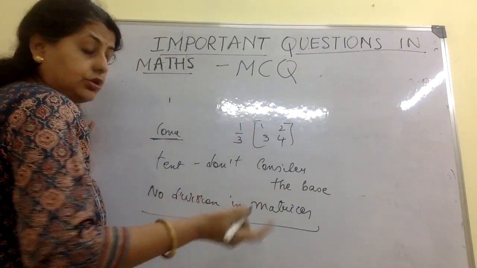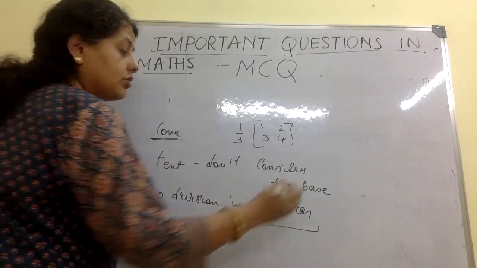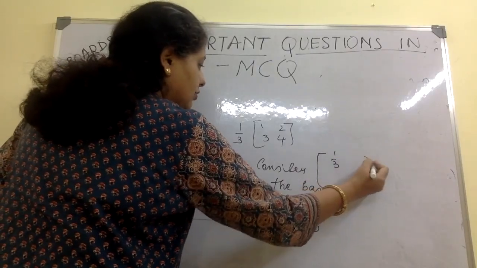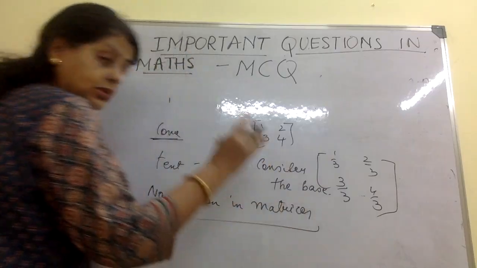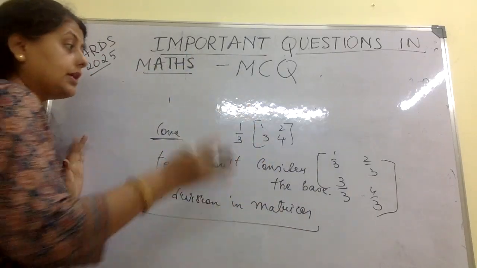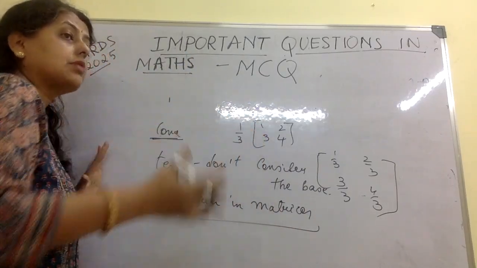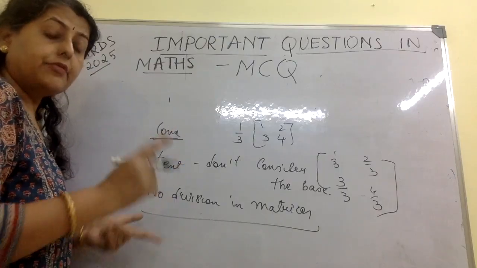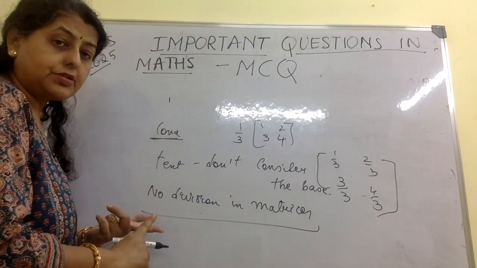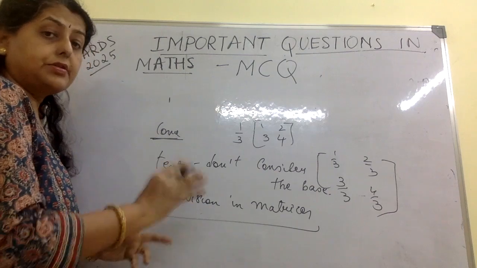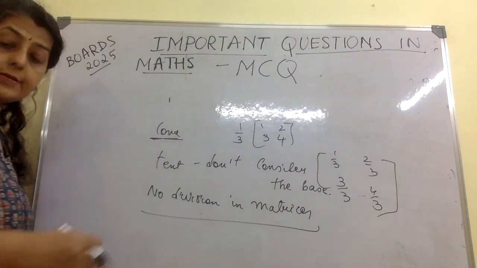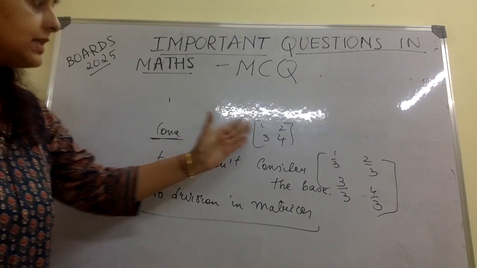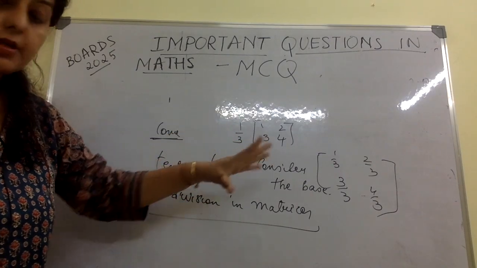You can call this multiplication or division. It becomes 1 by 3, 2 by 3, 3 by 3 and 4 by 3. But you can never divide one matrix by another matrix. We can add two matrices, subtract two matrices, multiply two matrices, but we can never divide two matrices. This is called scalar multiplication, when you multiply by a number.